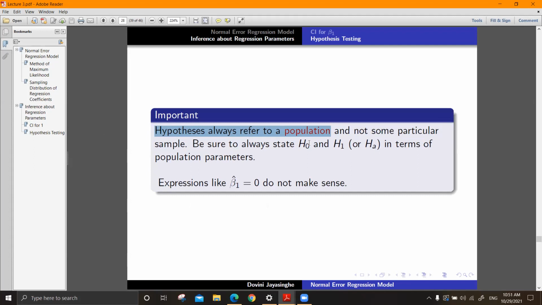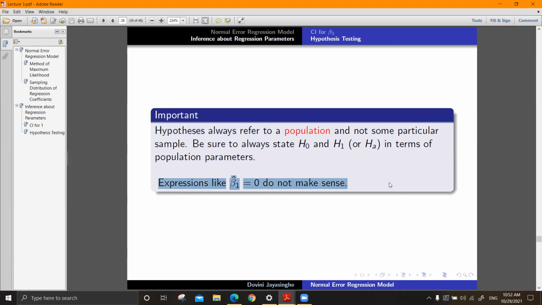All the summary statistics we know how to compute out of the data. What we are interested in is the population. So why we are doing a hypothesis test is to estimate the population parameter, not the sample statistic, right? We should always state H0 and H1 in terms of population parameters in that case, right?